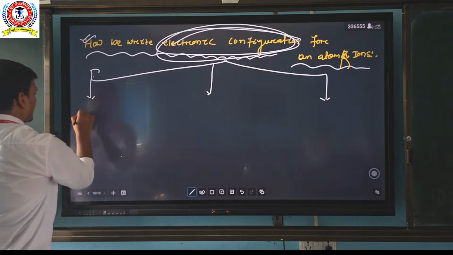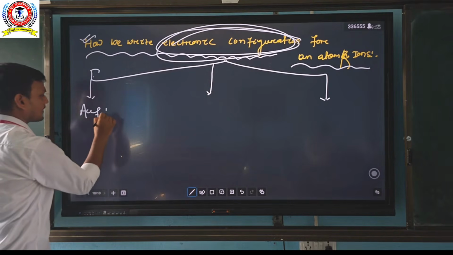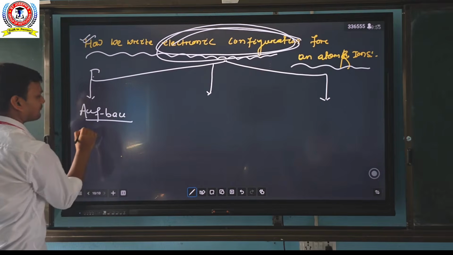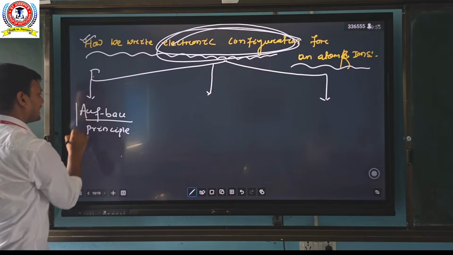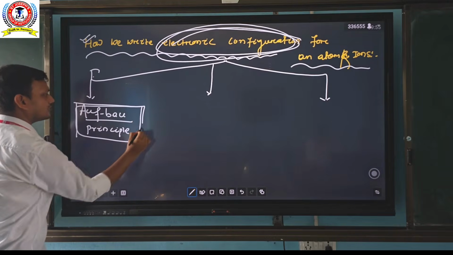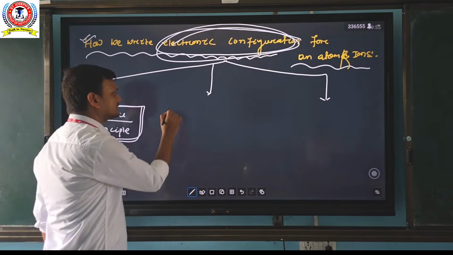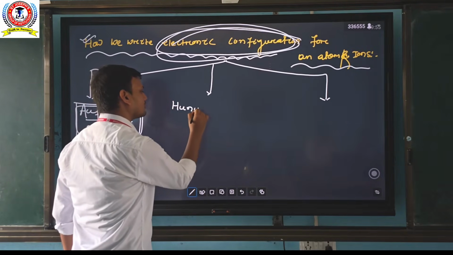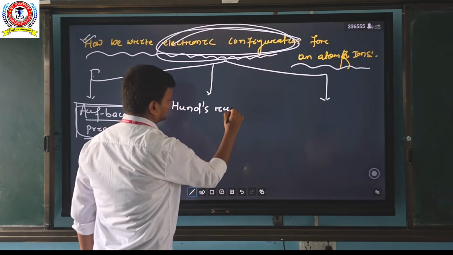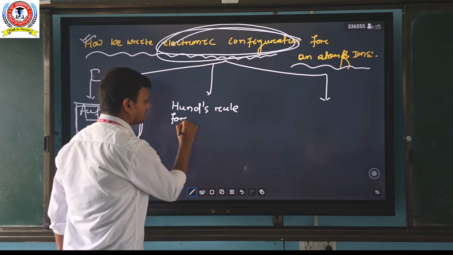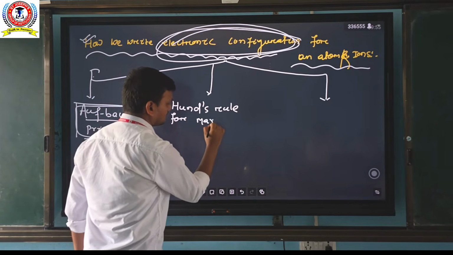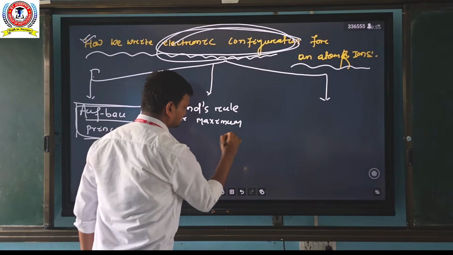First is Aufbau principle. Second one is Hund's rule for maximum multiplicity.